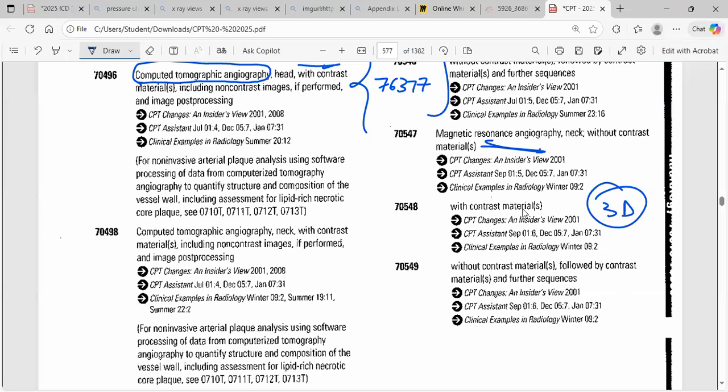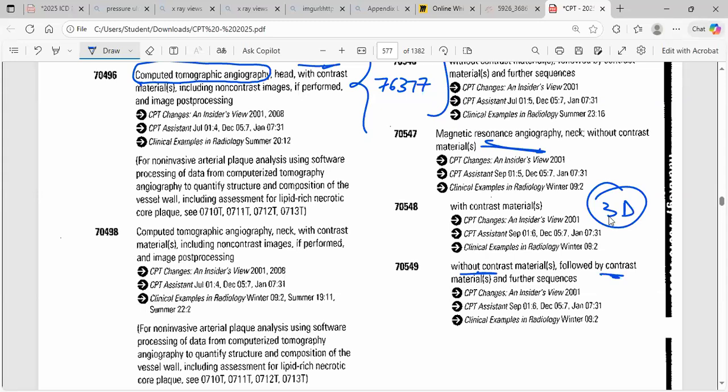All MRA scans are with contrast, without contrast, and with and without contrast. You will consider with and without contrast when the doctor starts without contrast first and then takes the second imaging with contrast. The first imaging is without contrast.